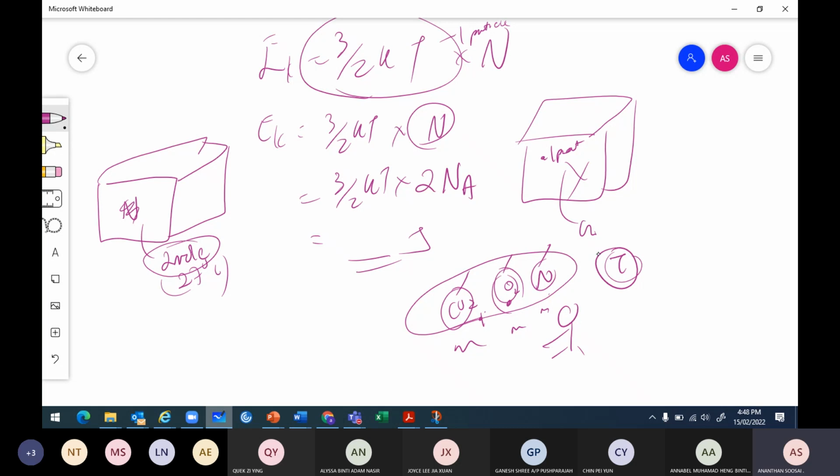Should be the same, right? Because kinetic energy is 3 over 2 kT. Looking at the formula, it has nothing to do with the mass. It just depends on the temperature. So in your room now, the oxygen, nitrogen and carbon dioxide all have the same kinetic energy. But what is different?